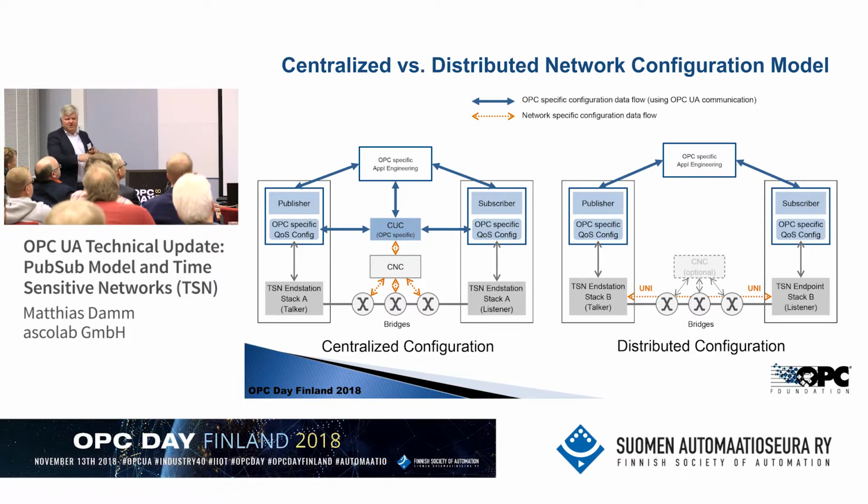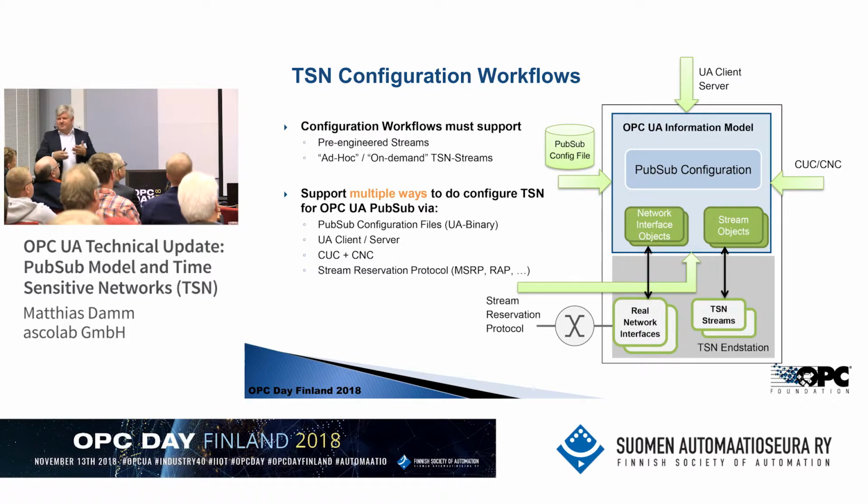And so we have multiple ways that you can configure OPC UA PubSub over TSN, so the TSN side, or also the PubSub parameters. One is that you just provide an offline configuration. So you have an engineering tool, you provide an offline representation with all the parameters, so everything is pre-engineered and known at startup.